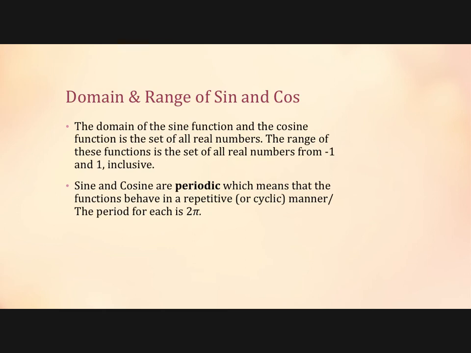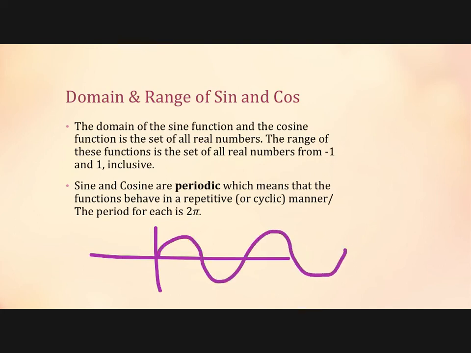All right, domain and range of sine and cosine. So if you remember your little graphs of sine and cosine from Algebra 2, what you should remember is that they are unending. They're going to continue on from left to right. So we're going to learn more about that as we get to the end of the chapter. But if you remember that, if I looked at my x values, which is my domain, they don't end, which means that the domain of sine and cosine is all real numbers, or negative infinity to positive infinity.